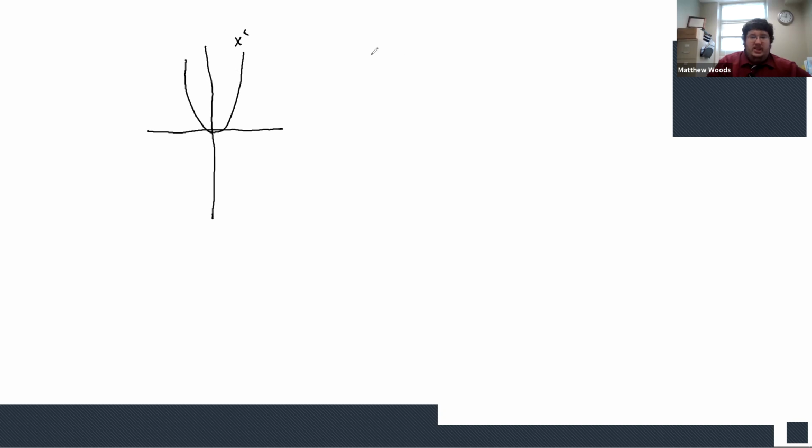Now we're going to make our own XY table to figure out how this thing moves. Since 5 is involved as my shift, 5 down here, negative 5 up here.